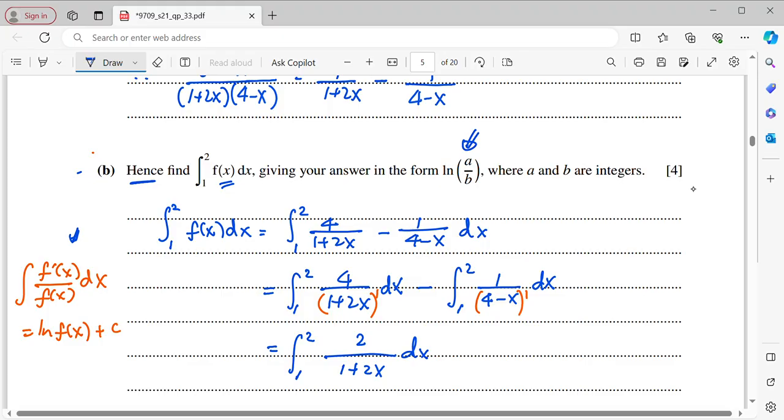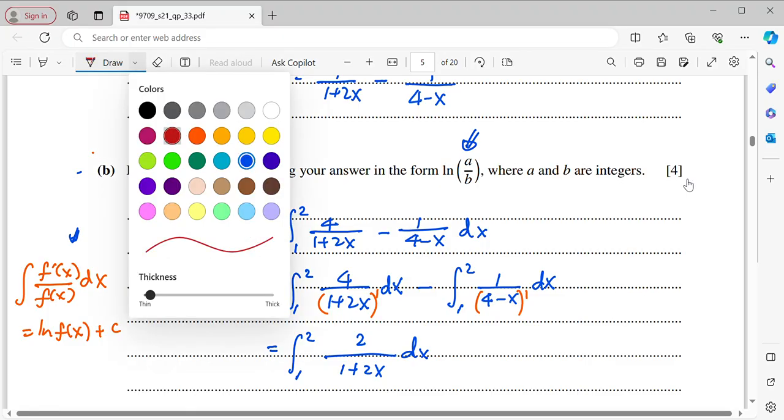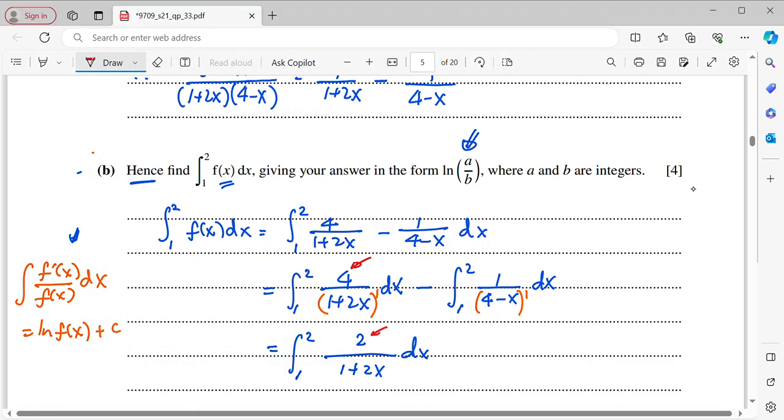But then to get back the 4 in the previous step from 2, I need to times another 2 outside the whole integration. Then here minus integrate 1 over 4 minus x dx. So when I differentiate 4 minus x it is supposed to be minus 1. So then I need to times another minus, because here is positive 1. So I times another minus outside.